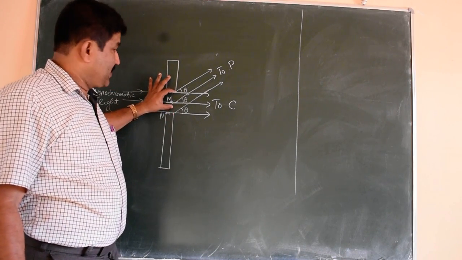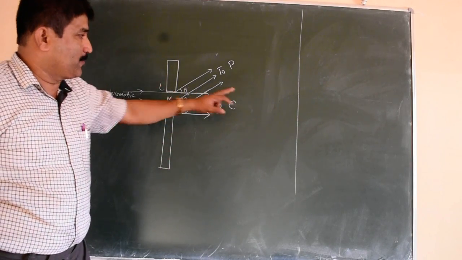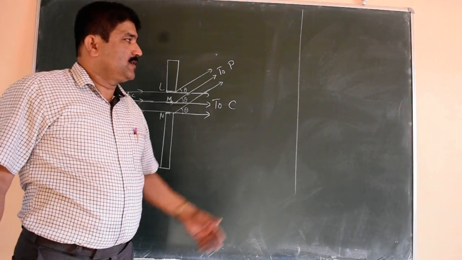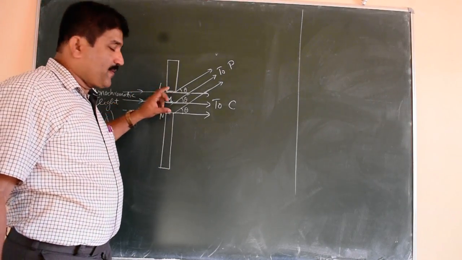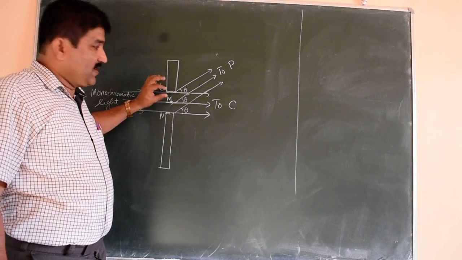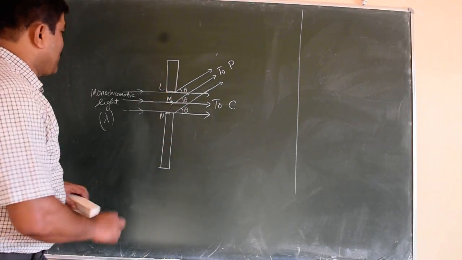Only one wavefront is there. From different portions of the wavefront, the waves superpose and give a dark or bright region on the screen. From various parts they superpose and give rise to maxima or minima.